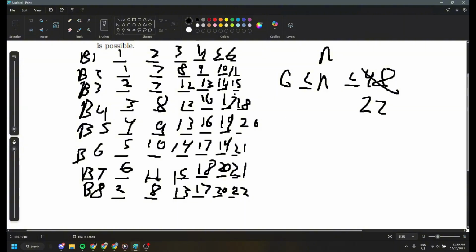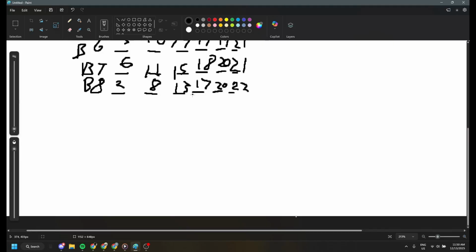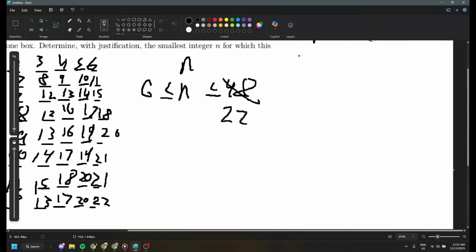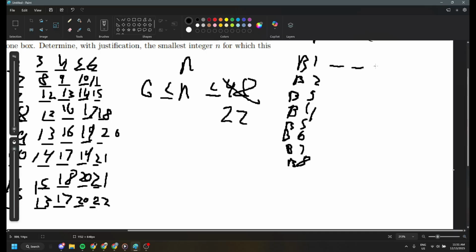That gave me a new idea. We could use that diagonal line strategy, I think. So if we redo this, we have B1, B2, B3, B4, B5, B6, B7, B8, 1, 2, 3, 4, 5, 6.